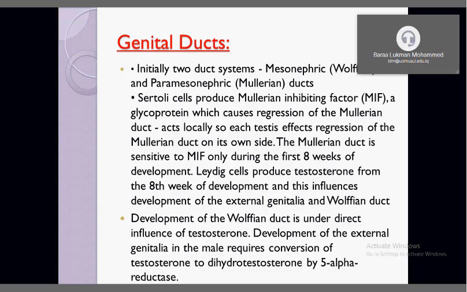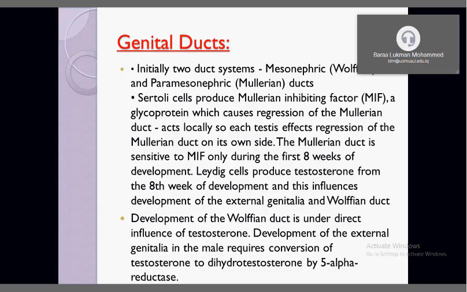And the main gonad that influences this differentiation of the genital duct is the testis. The presence of the substance that is produced by the testis, or the absence of this substance, influences the development of this genital duct.